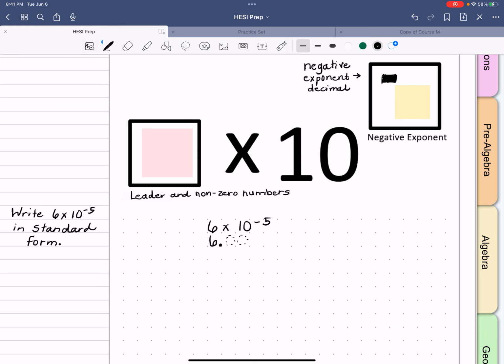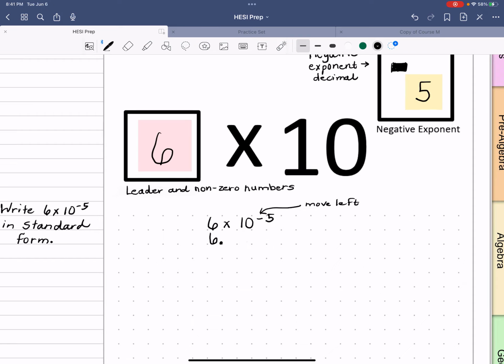The decimal is right after that number. So we're going to take that decimal this time and put it in there so we can see it. Because we need to pick it up and scoop it 5 times to the left. That negative number is saying move left.